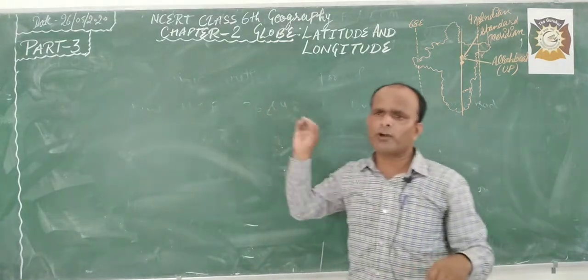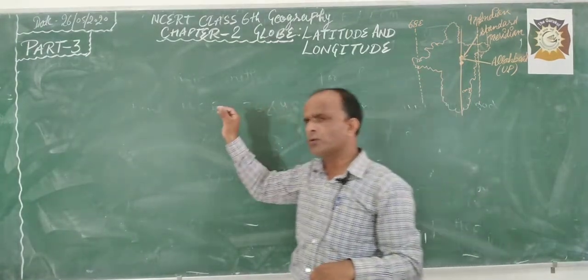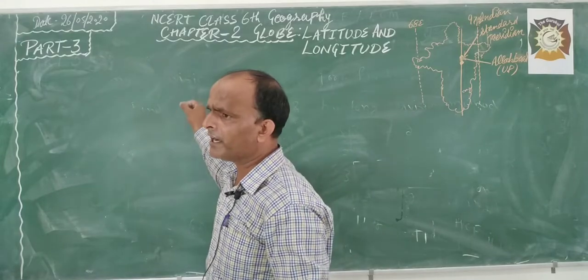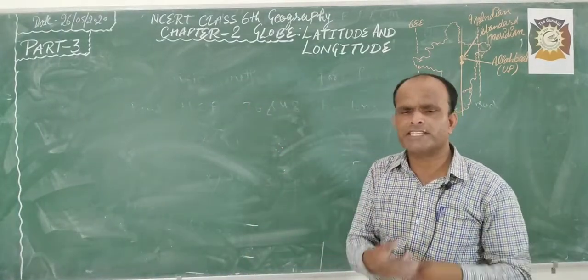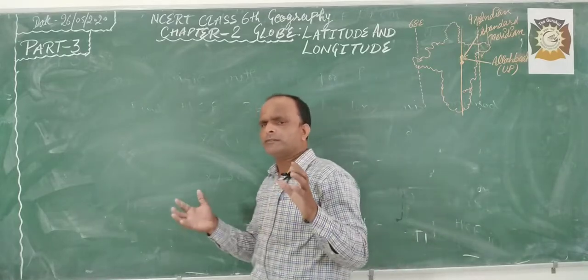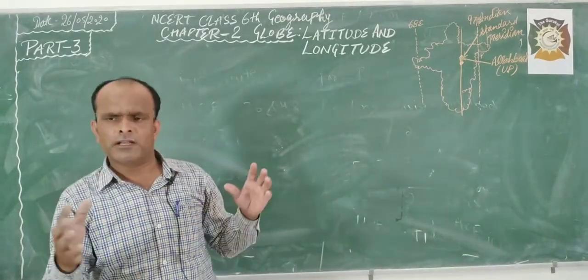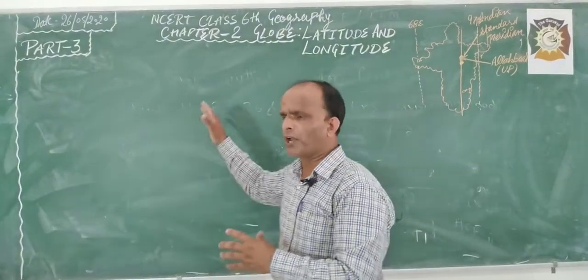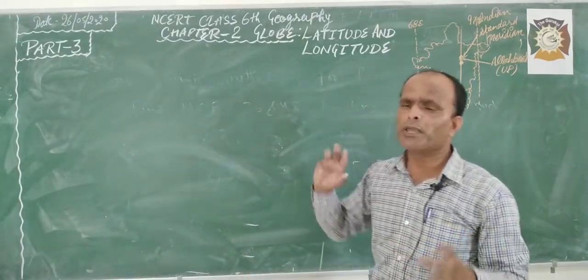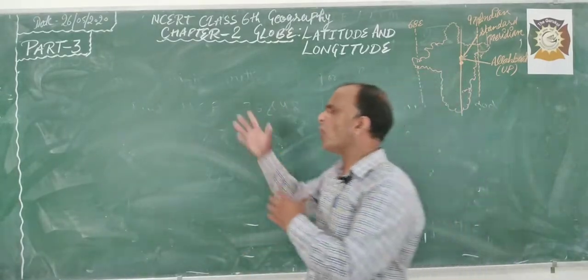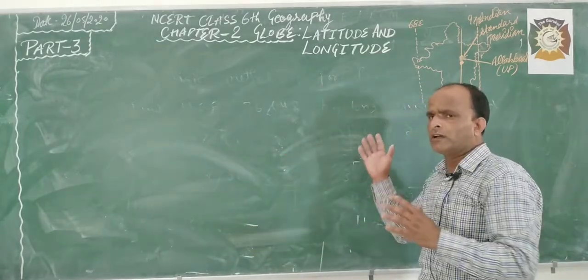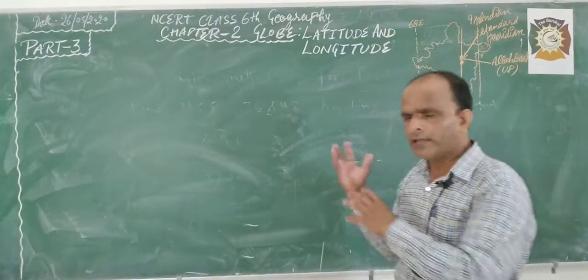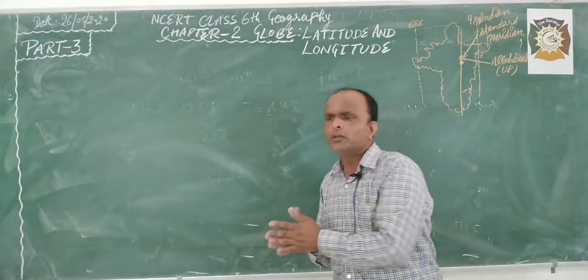So there is one point that was discussed with you, located at Greenwich, a place in the UK where the standard meridian, the prime meridian, is located, near the British Royal Observatory. From there the time is calculated.